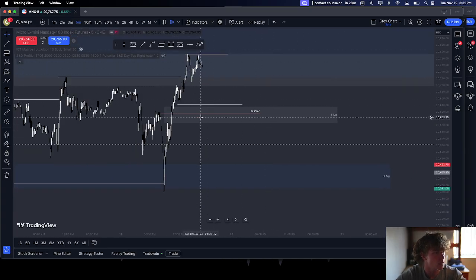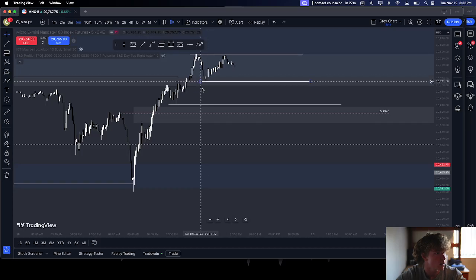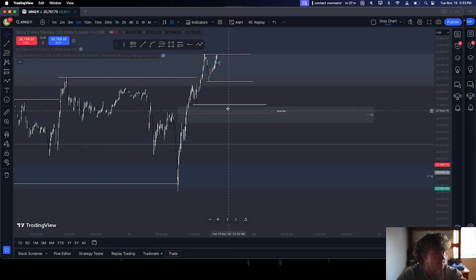I want to see us come back down either to this, and I think if we come down here and create an SMT, I might take something there. But I really want to see us come down into this range for a trade.